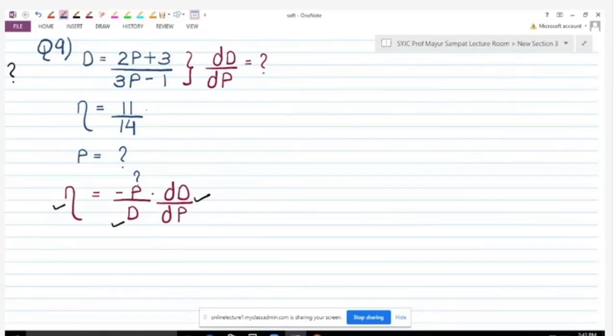You will have to select the positive value, saying that the price is always positive, price can never be negative.